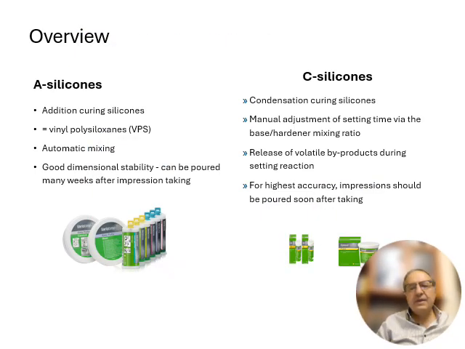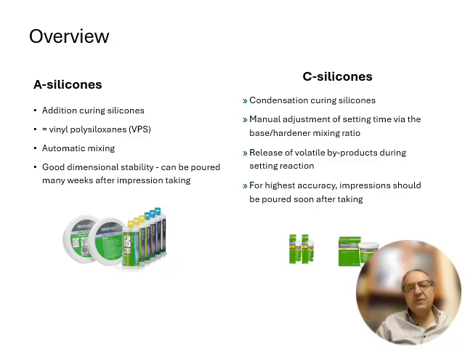Between C-silicones and A-silicones: C-silicones are intended to be used as duplicating materials. Nowadays, they are replaced by A-silicones, which are mechanically better performing. They are hydrophilized also, the A-silicones. They can be automatically mixed, they have good stability, and they can reproduce details better than C-silicones.